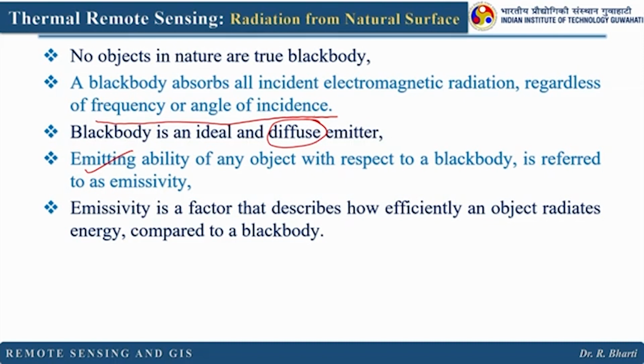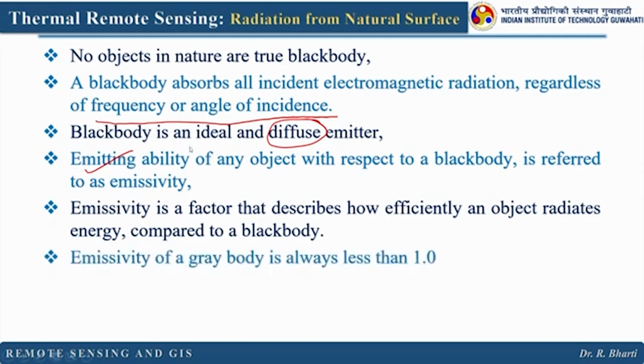So emissivity is a factor that describes how efficiently an object radiates energy compared to a black body. In other words, the meaning is the same, right? Emissivity of a gray body is always less than 1.